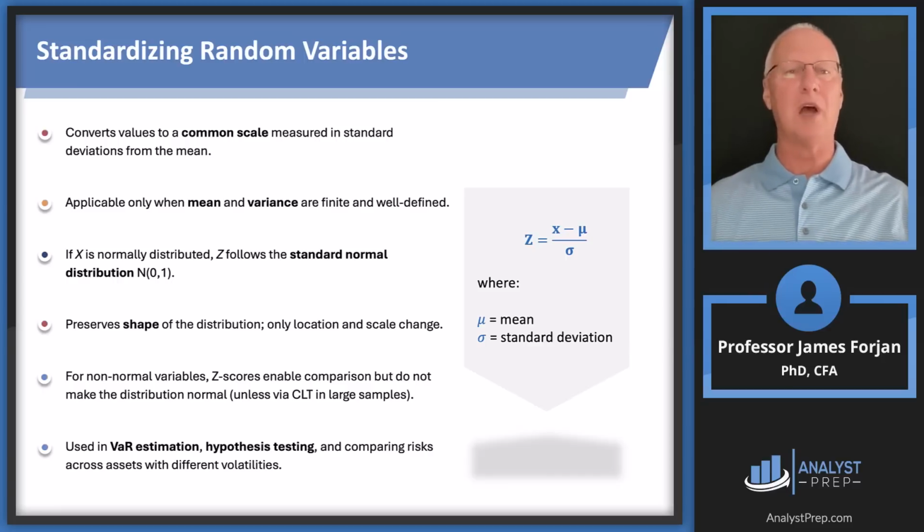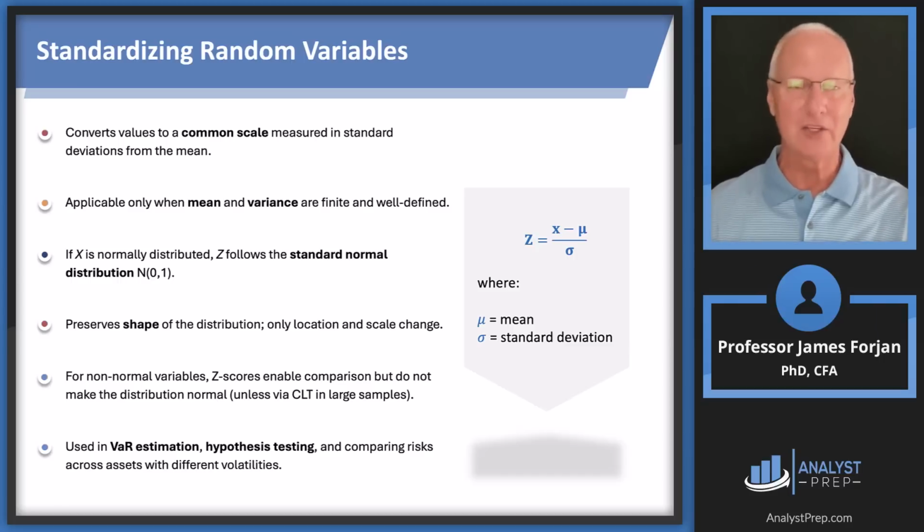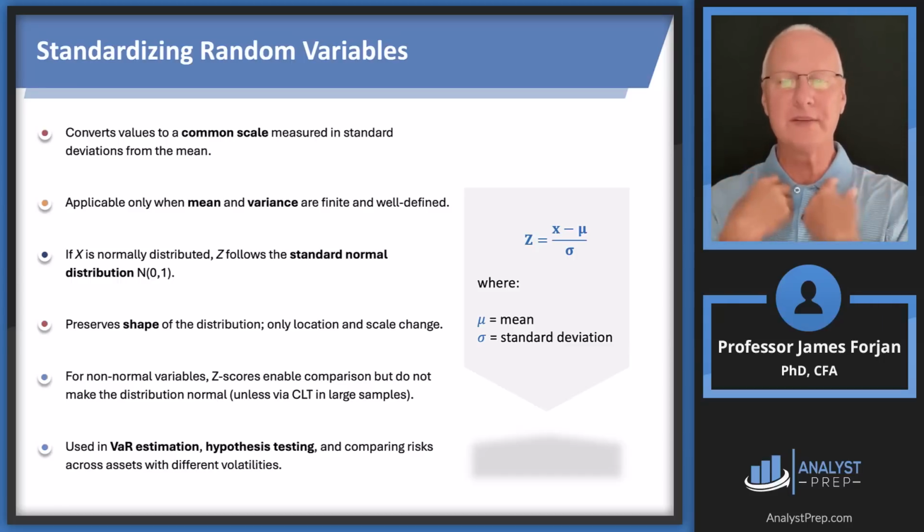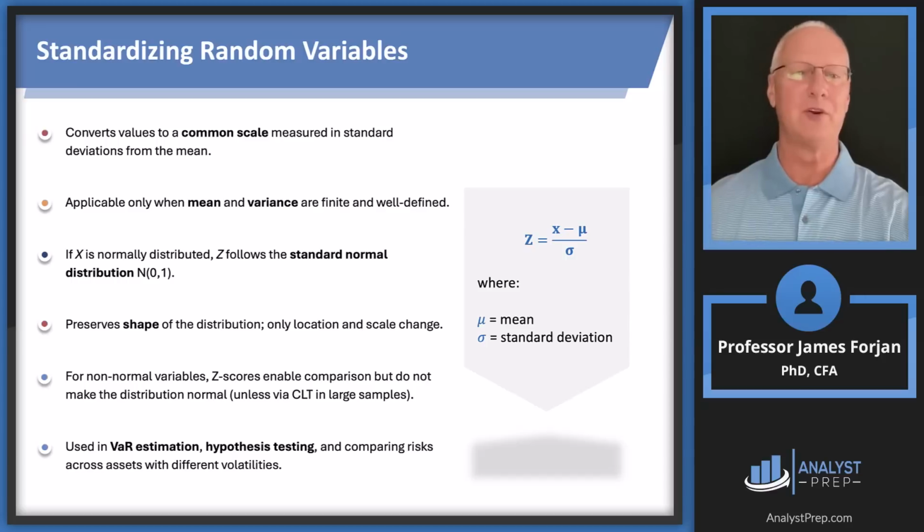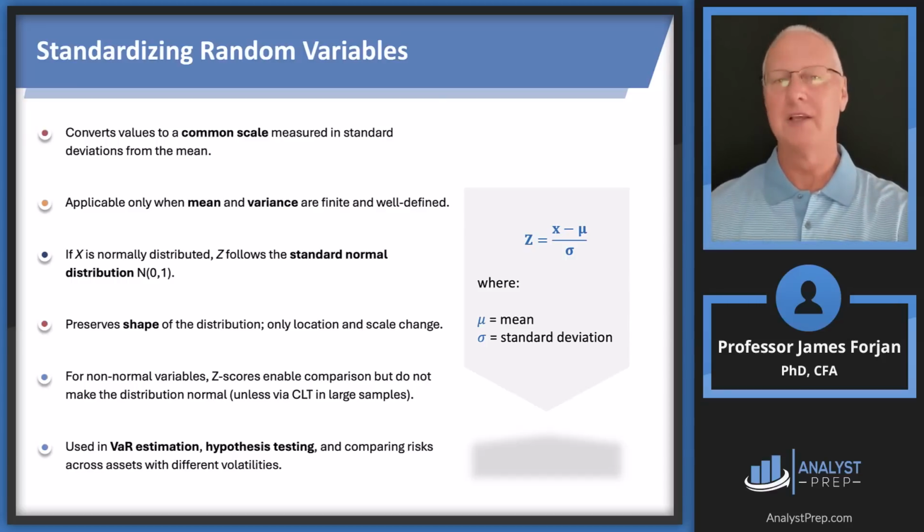A lot of times, these random variables don't have natural and intuitive interpretations. So what do we do? We standardize the random variable. And anytime you standardize a random variable, you divide it by some measure of the degree of error. So look over here, the standardization technique. In fact, this is where we get the word standard, by dividing that numerator from all of our moments there by the standard deviation.